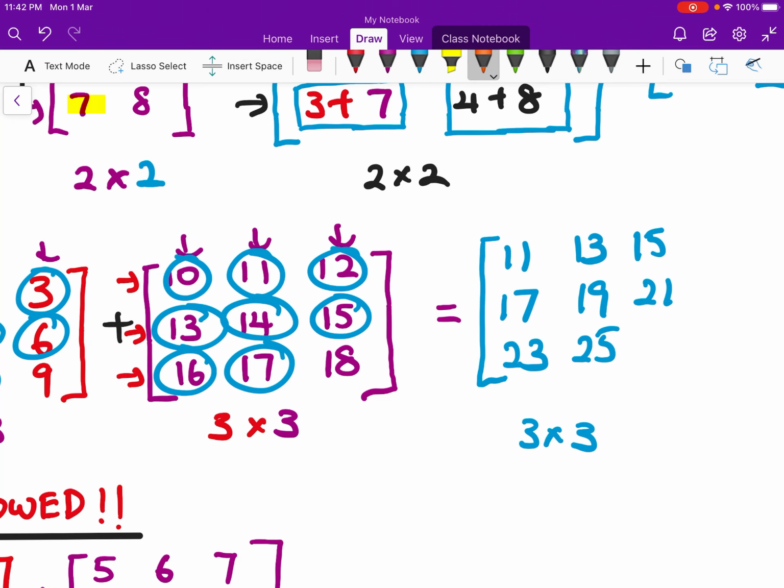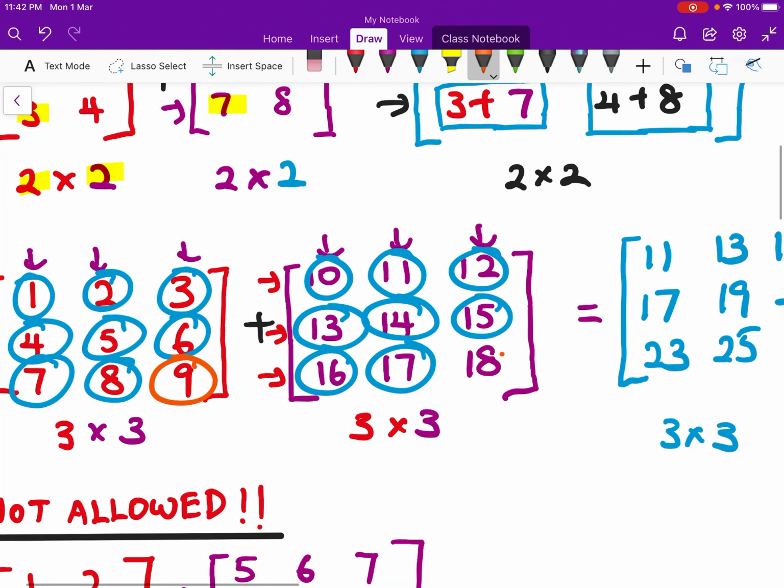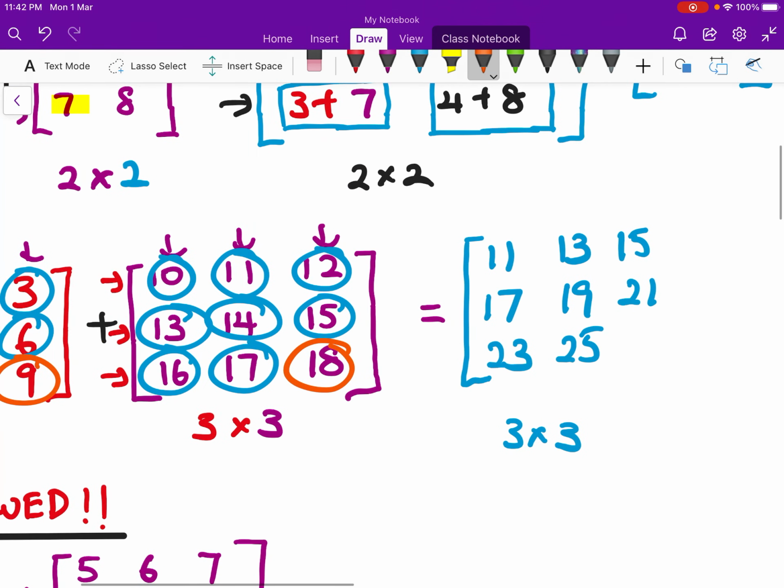Last but not least, 9 added with 18 is 27. This is how you add up two matrices.